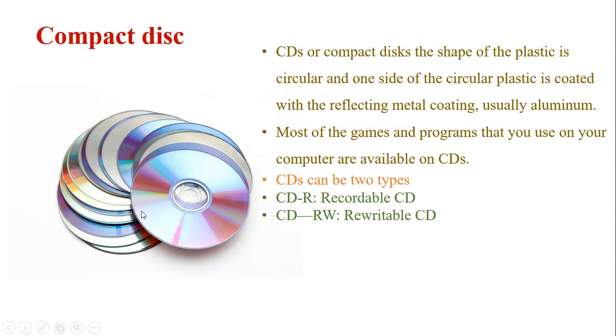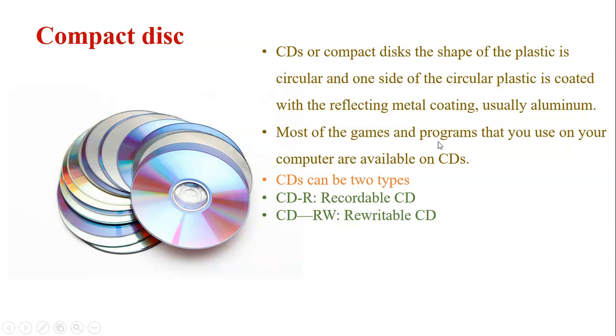And this CD can also store lots of data, and they can be easily carried from one place to another. You can carry these CDs with you wherever you want, right?